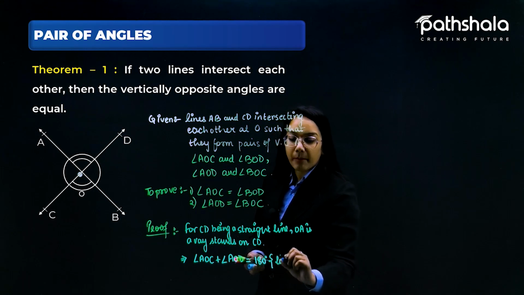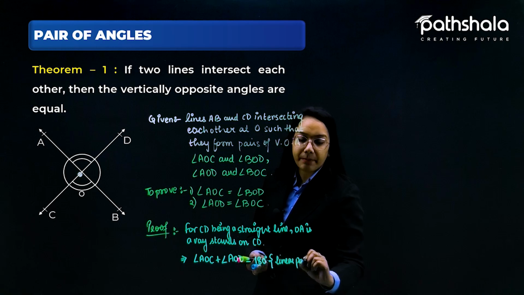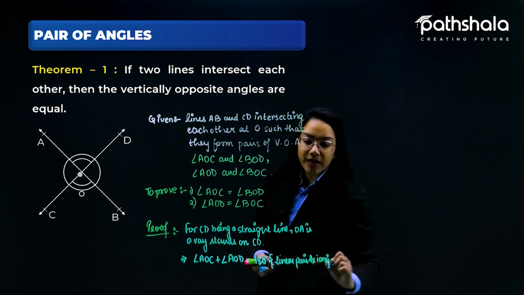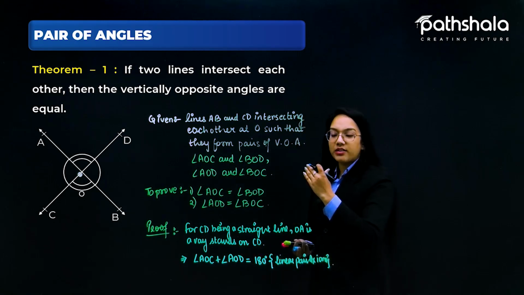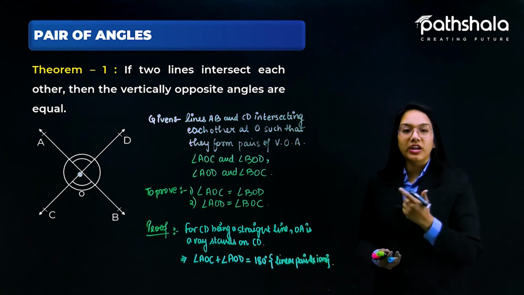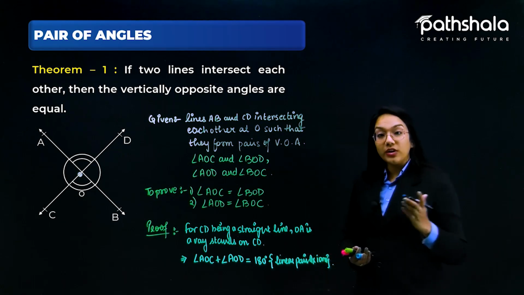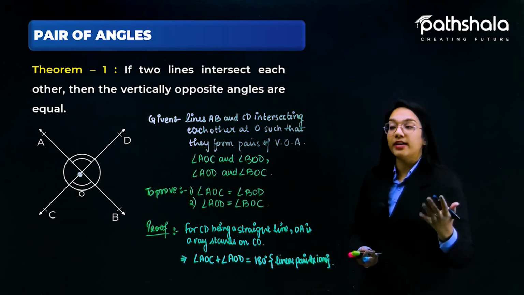Why so? By the linear pair axiom, if we have a ray that stands on CD, then the sum of the angles is equal to 180 degrees. So AOC plus AOD is equal to 180 degrees.